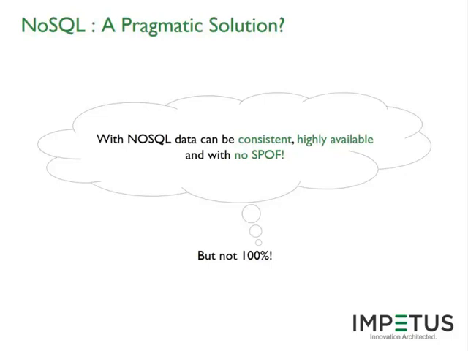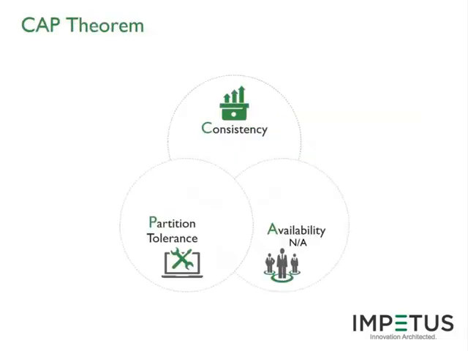Digging deeper into that, how more specifically do the NoSQL solutions address data availability, consistency, and things like partition tolerance? We'll now jump in and look at each of those in some more detail. And to understand that, let's just take a little look back in time. It was early 2000 when Eric Brewer introduced the CAP theorem for distributed systems.